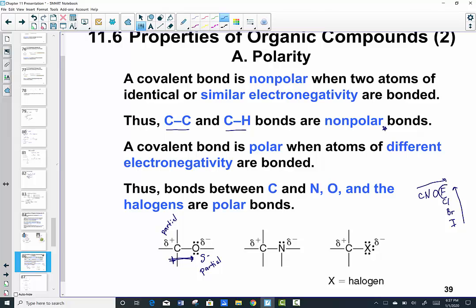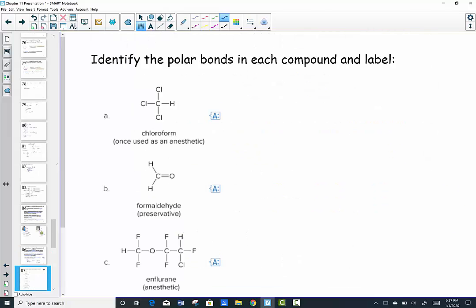So fluorine is the most electronegative, meaning it has the ability to pull electrons towards itself in a shared pair. So a covalent bond that's being shared by an electronegative element is considered to be polar. So let's practice. Identify all polar bonds in each of the compounds and label them with their distribution of charge.